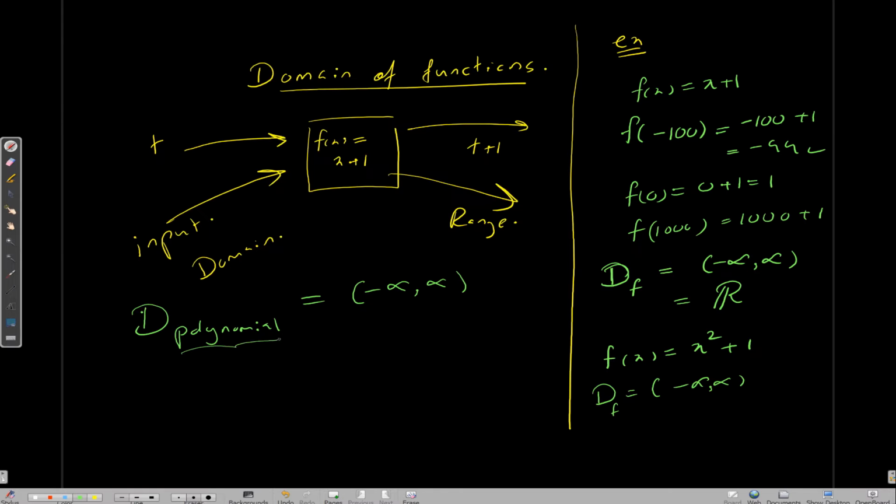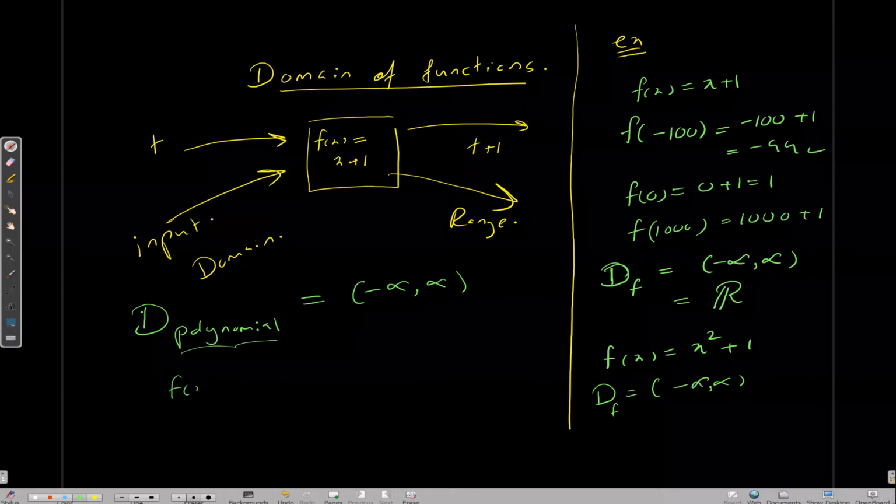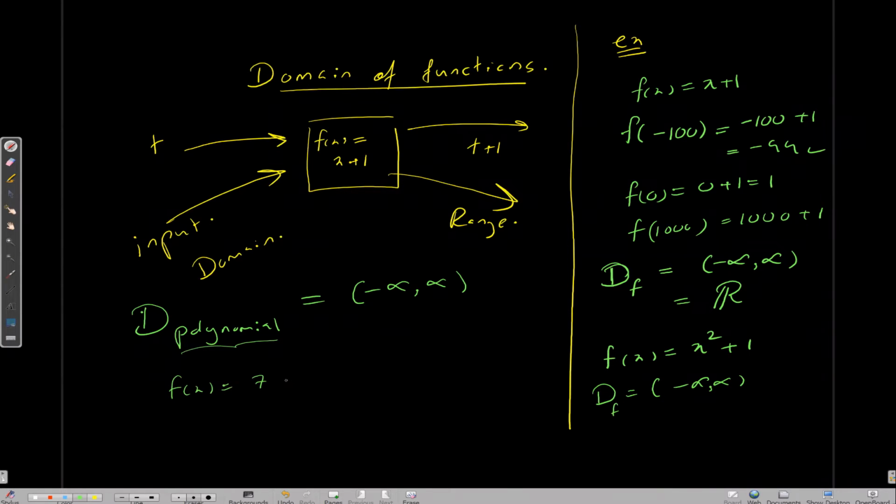Now, polynomial is anything of this form, for example, f of x equal 7x to the 8 plus 5x squared plus x plus 8, something like this. A polynomial does not involve terms like x in the denominator, only numerator, nice things like this. So for a polynomial, domain is all real numbers.